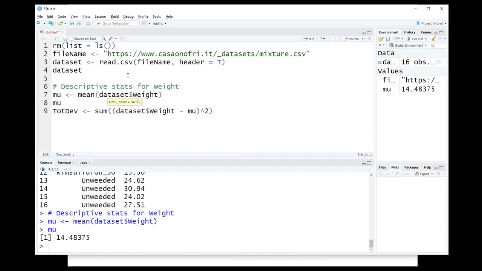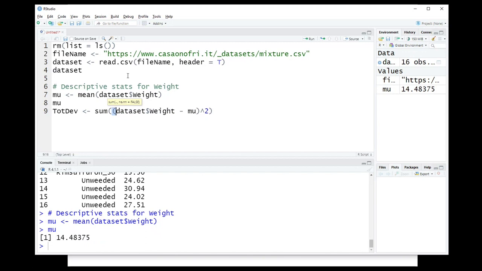So you see that I have nested two functions. The first function is, so they are three indeed, because the first function is to take weight and subtract mu. You see, mu is just one value. There, in dataset weight, we have 16 values, but mu is recycled, as I said yesterday. So it is subtracted from all values in weight.